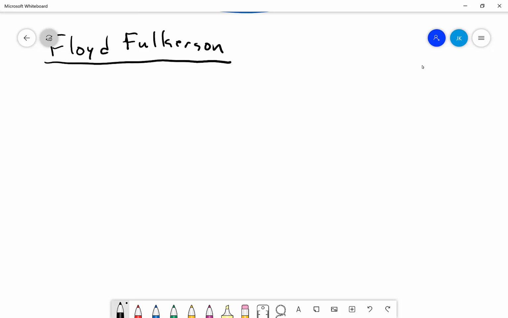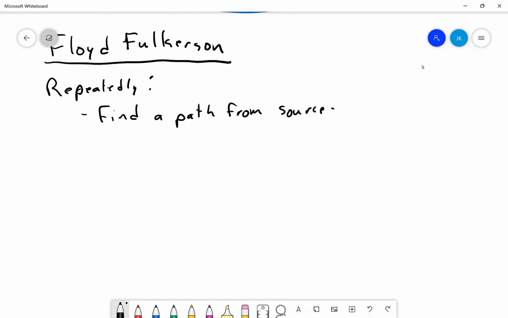The basic idea of Ford-Fulkerson is a little bit like I just outlined, which is we will repeatedly do the following. We'll find a path from the source to the sink. So in the graph, we'll find some path.